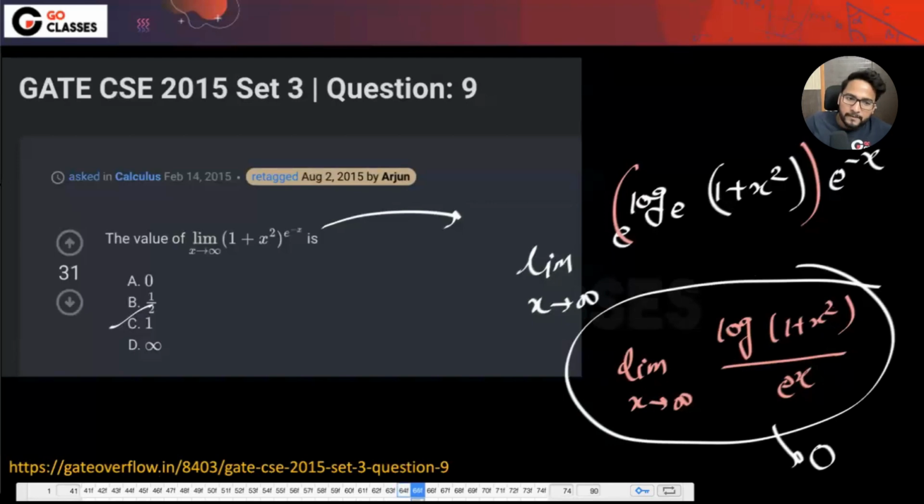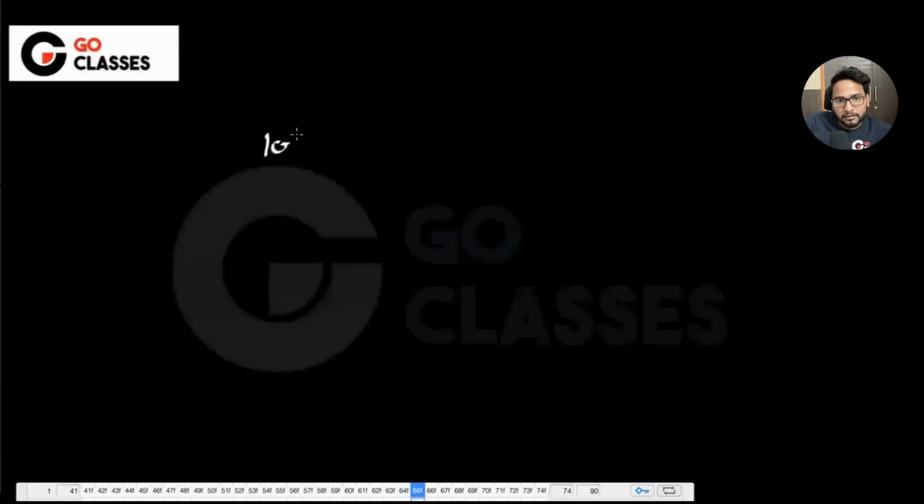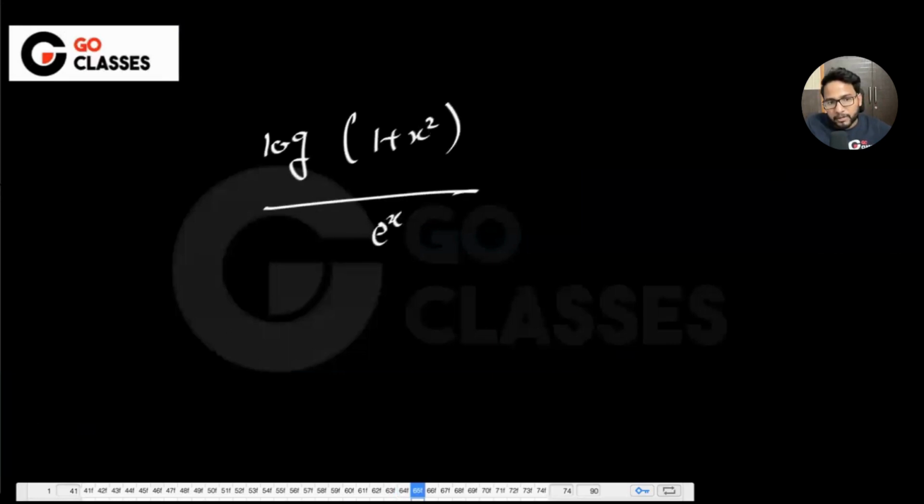Okay, see, this is log of 1 plus x square, right, upon e power x. Okay, let me give x square as free of cost to him, which means instead of 1, even if I write the x square here, it is 2x square, right? So basically you can take this 2 outside somehow.